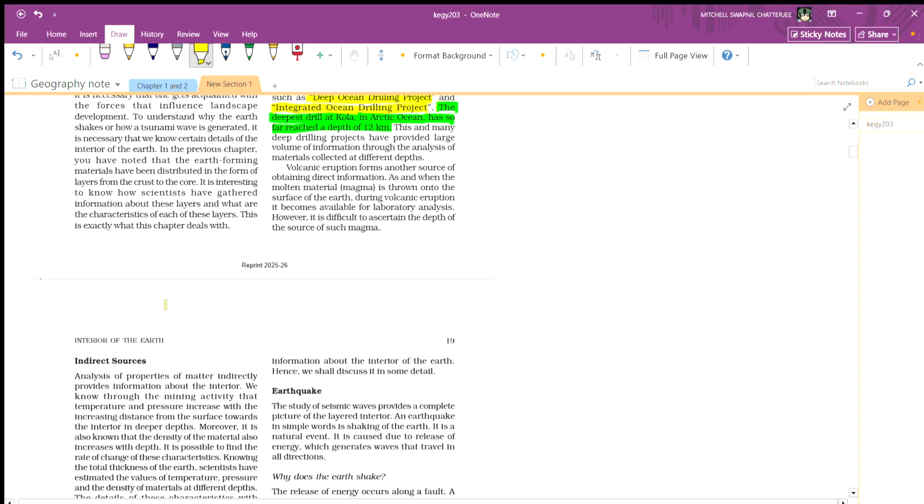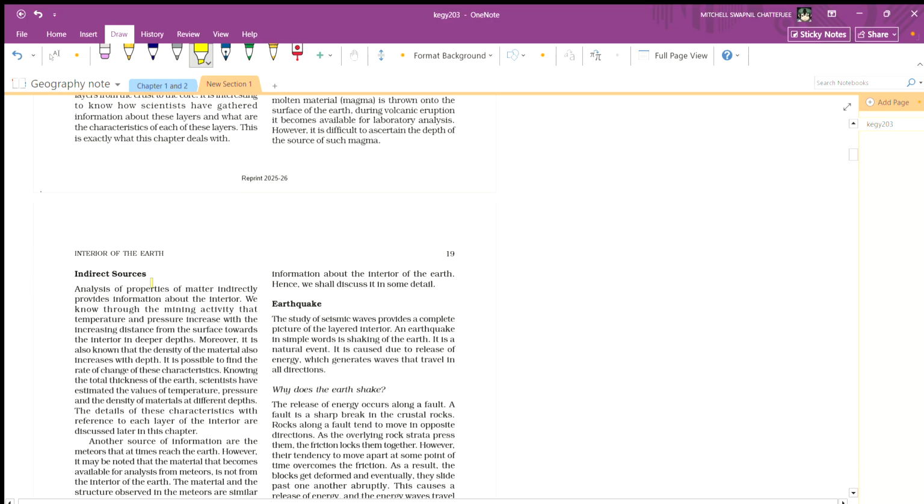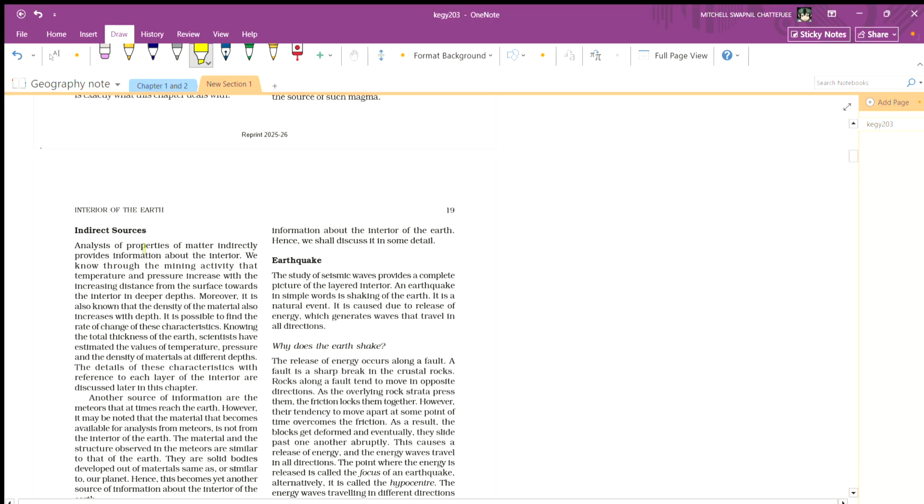Now the indirect sources. The analysis of the properties of matter indirectly provides information about the interior. We know through mining activities that temperature and pressure increase with increasing distance from the surface toward the interior of the Earth.